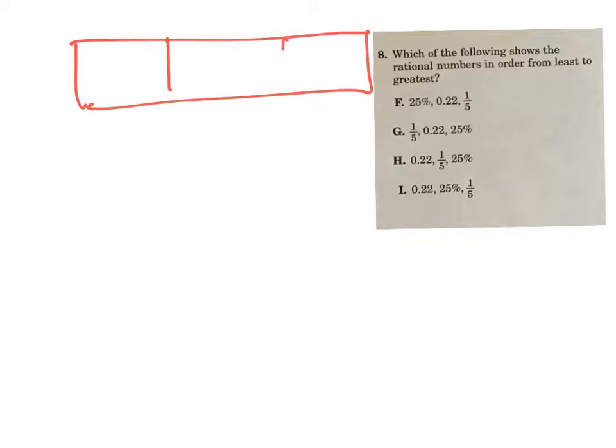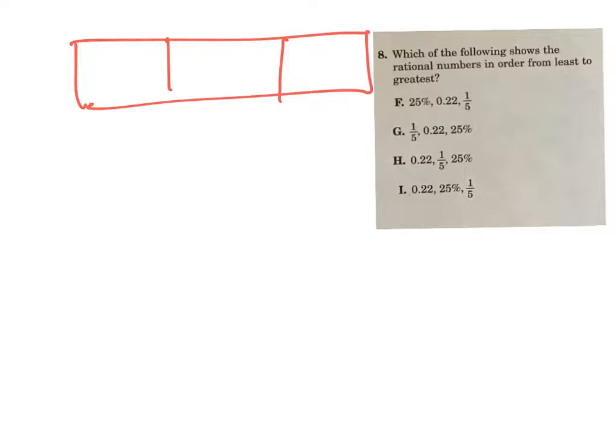Number 8. Which of the following shows the rational numbers in order from least to greatest? Okay. Remember that chart I showed you? This would be really helpful right now. And it was dealing with decimal, fraction, and percent. And the way I remember it is I go alphabetical.